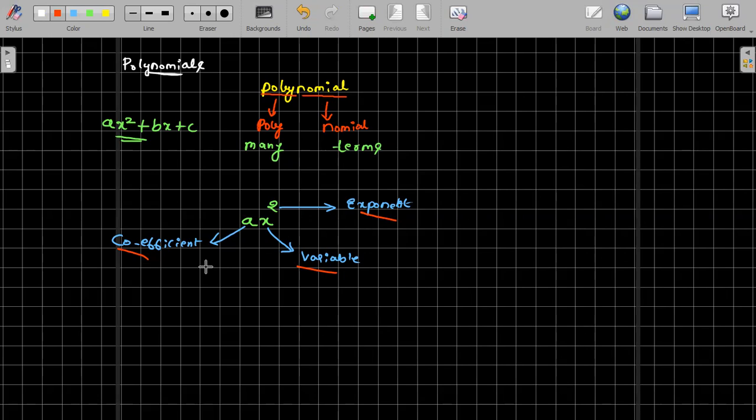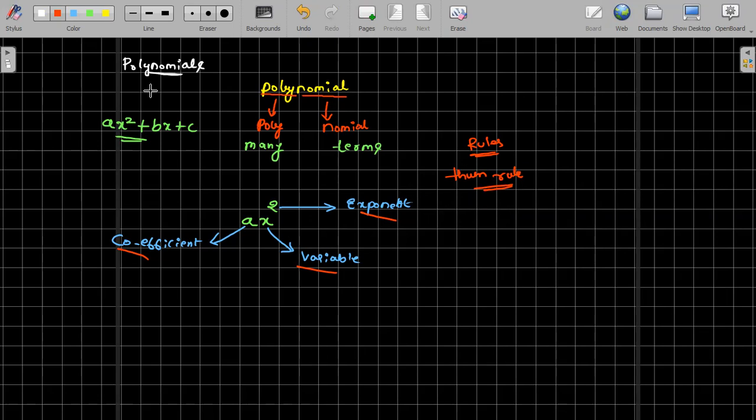Again, there is one rule, called the thumb rule of the polynomial. What does this thumb rule indicate very clearly?